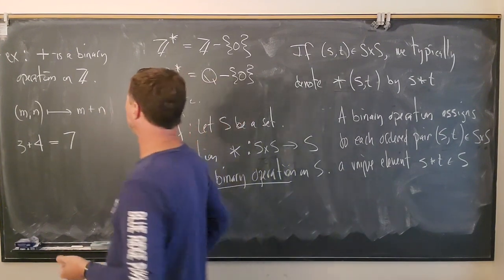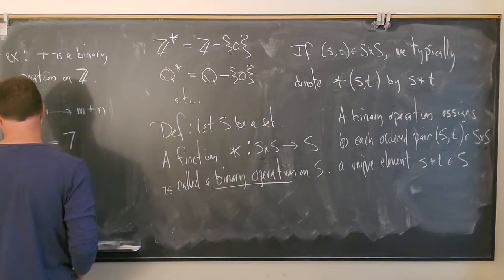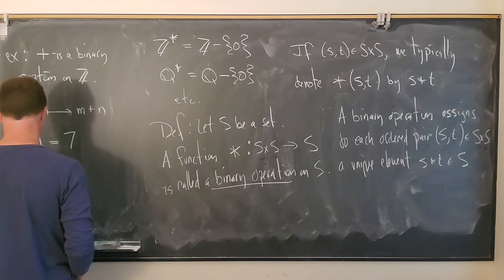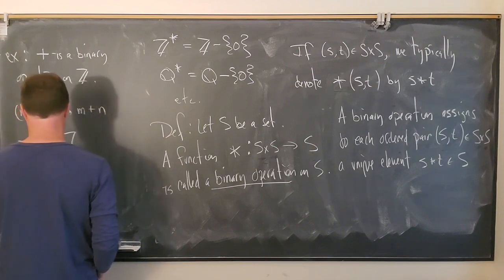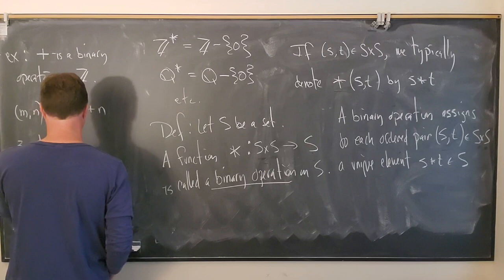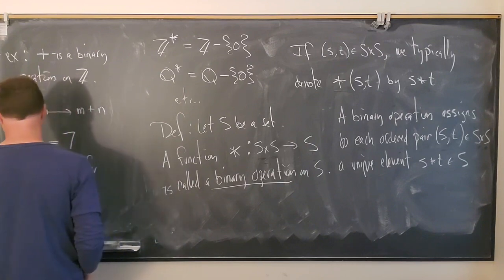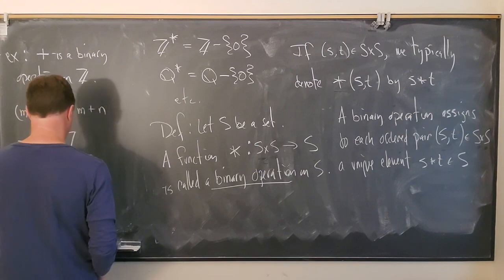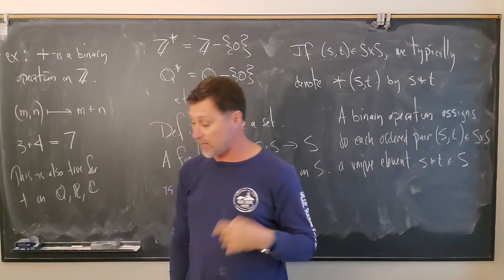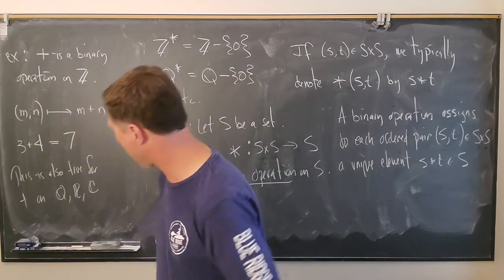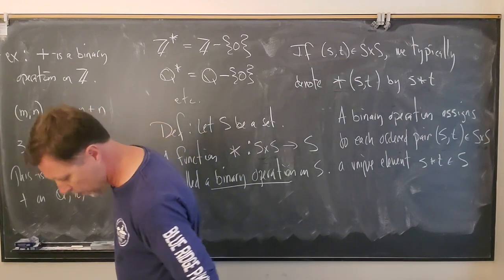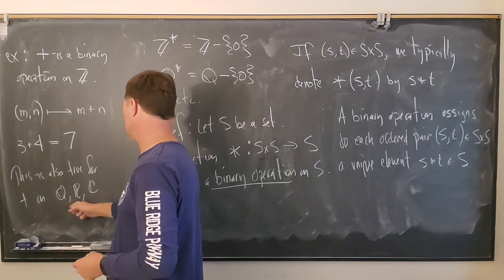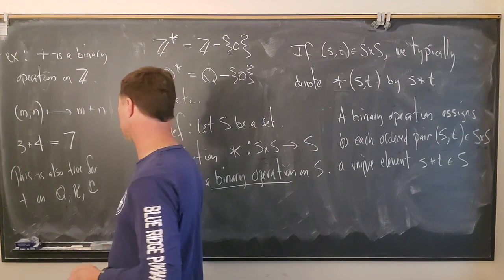This is also true for plus on Q, R, and C. So addition is a binary operation on the rational numbers, on the real numbers, on the complex numbers.